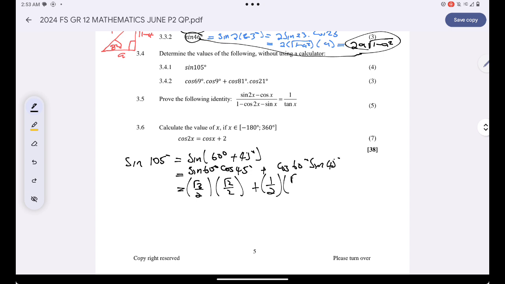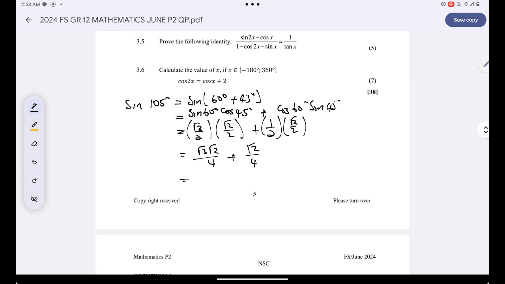Then sine 45 is root 2 over 2. At the top I will have root 3 multiplied by root 2 all over 4 plus root 2 over 4.